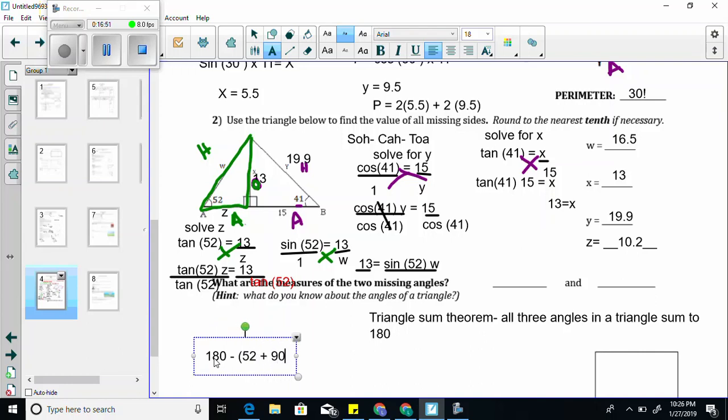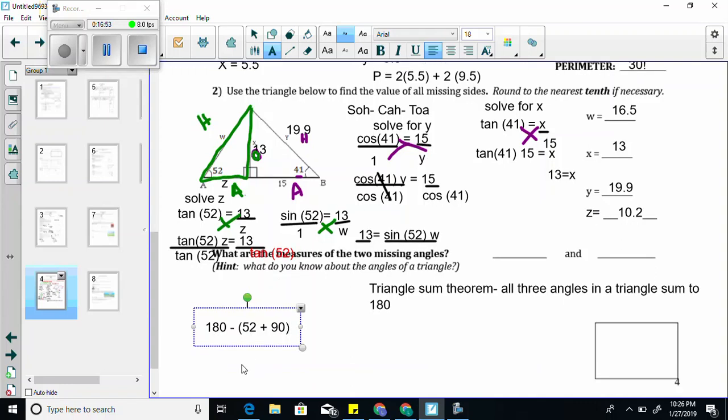Okay? And this is where I showed you, you can either do it that way, or you can set up an equation and say 52 plus 90 plus x equals 180 and solve for that missing angle.